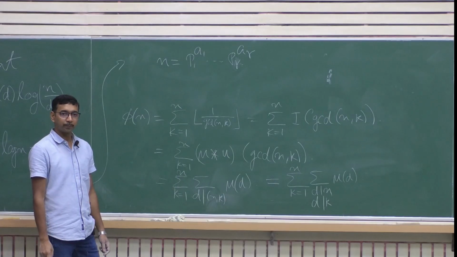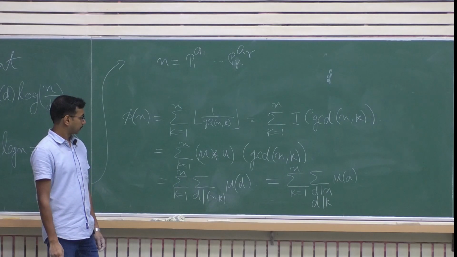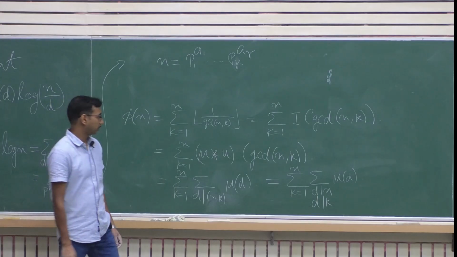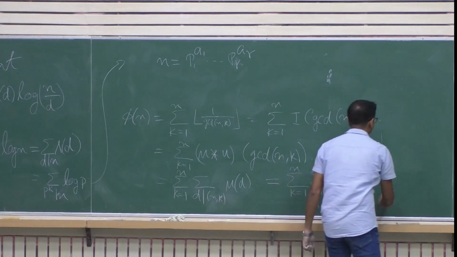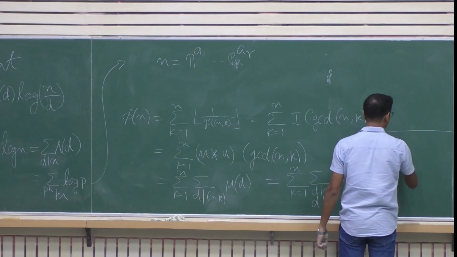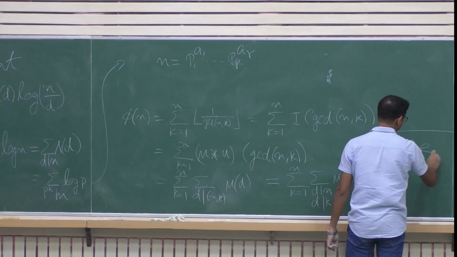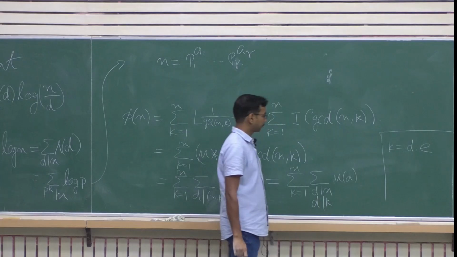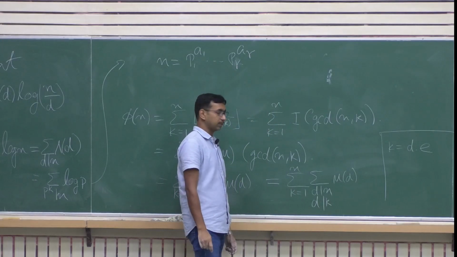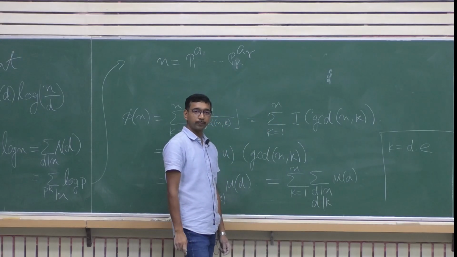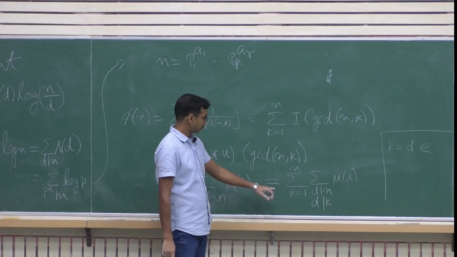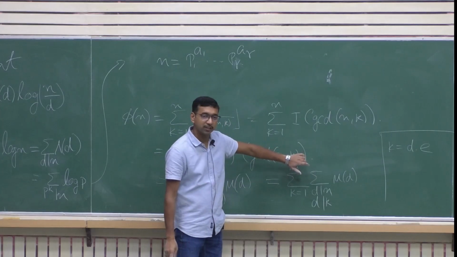Now the sum runs over k equal to 1 to n with d dividing k, so we write k equal to d times some e. Now if we fix the divisor d dividing n, we can switch the sums.